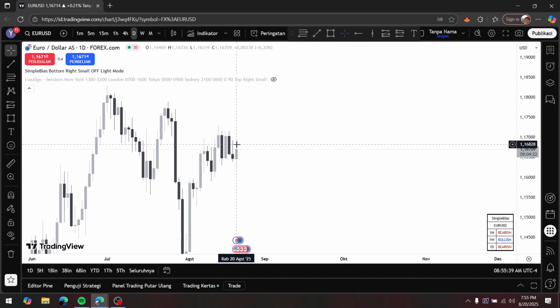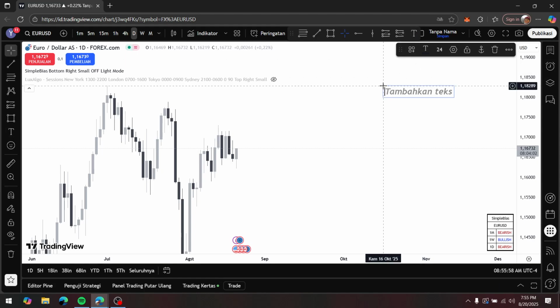It doesn't have a fair value gap in here, and here, and here, and here. And if we check the week, it's not respected by fair value gap. So we can say that the daily is neutral.